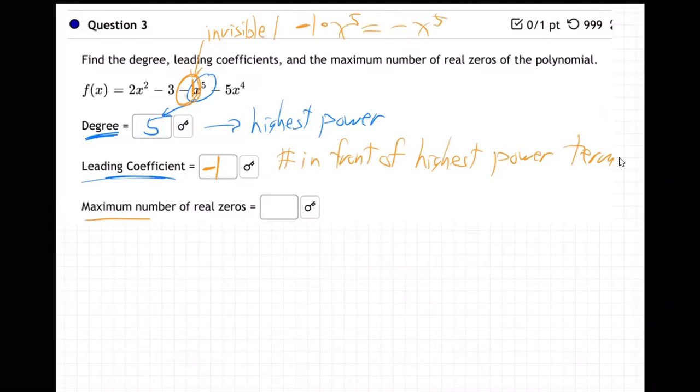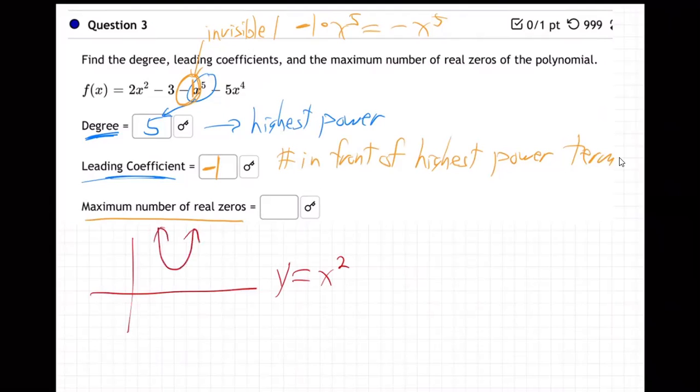And then what's the maximum number of real zeros? Now what are they talking about? Maximum number of real zeros. Well, think with me for a second about a graph, and I bet we can come up with it. If I was to give you y equals x squared, you know what that looks like, right? That's a U shape like this.